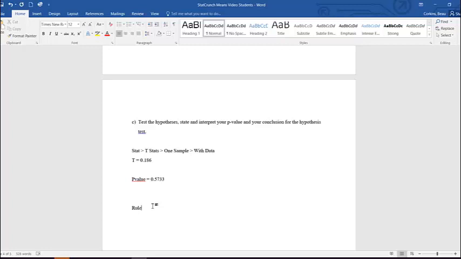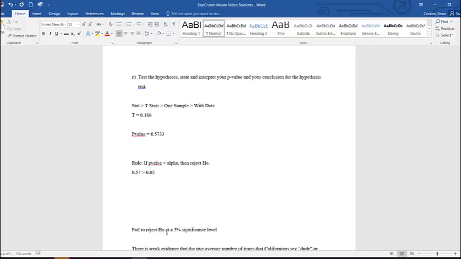Remember the rule: if the p-value is less than alpha, then reject H0. In this case, 0.57 is greater than our standard 5%, so I'm going to fail to reject H0 at a 5% significance level.